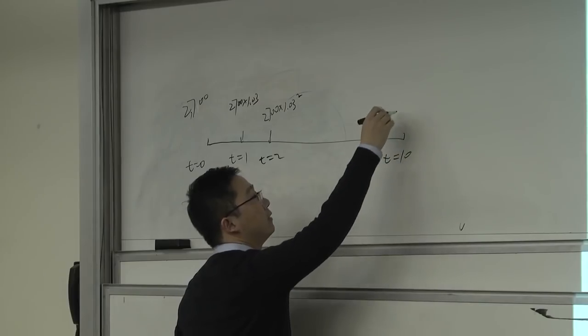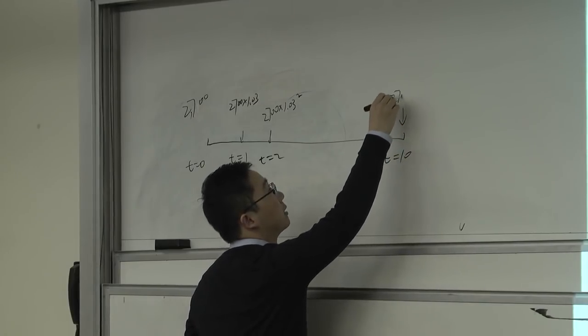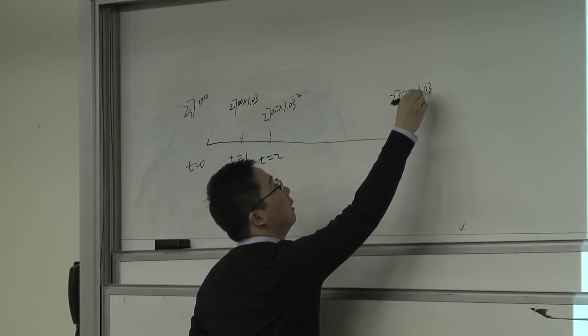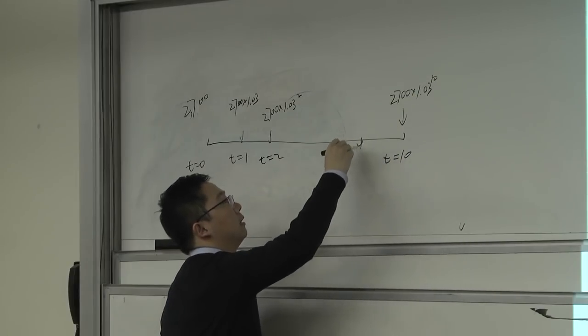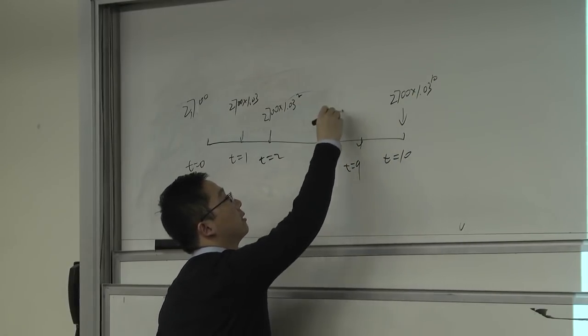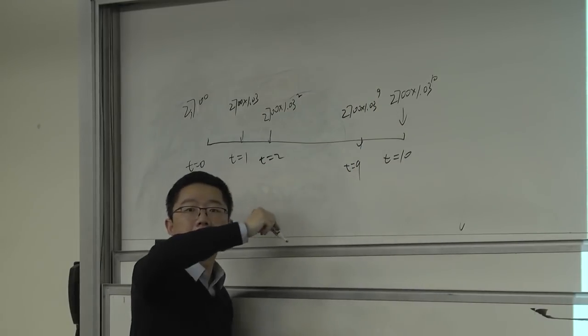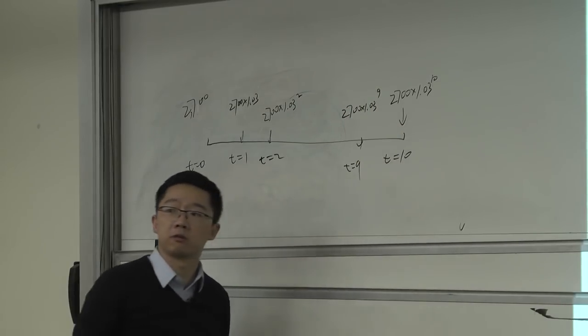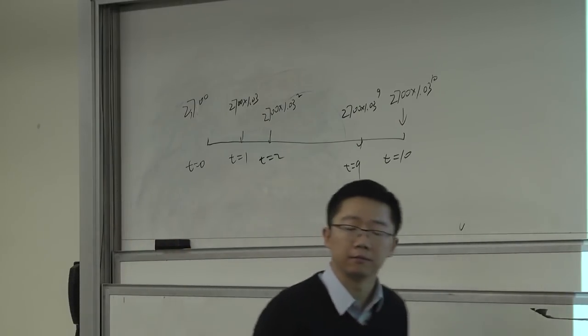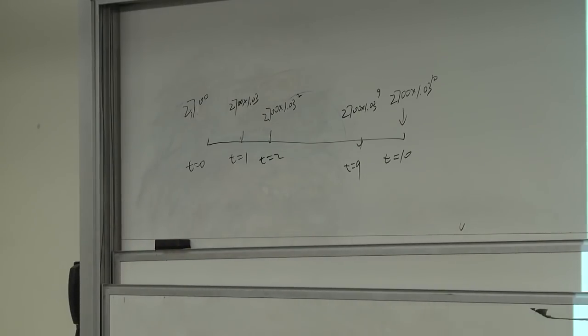And at the end of the 10th year is 2,700 multiplied by 1.03 to the 10th, and the 9 here is 2,700 multiplied by 1.03 to the 9th. So that difference is the interest you earned in the 10th year, right? Okay. Question? All right. And that difference is 105.